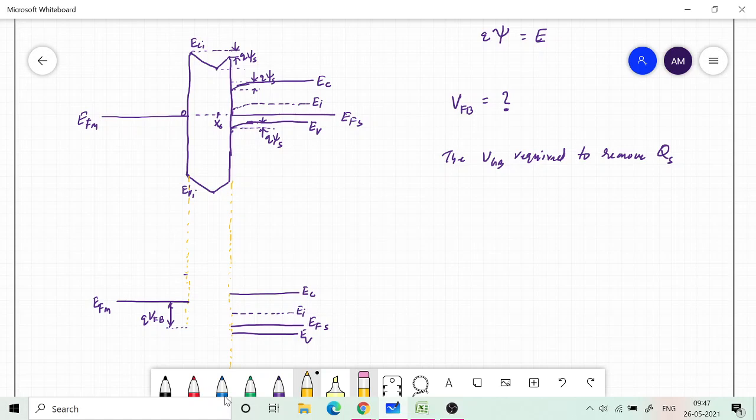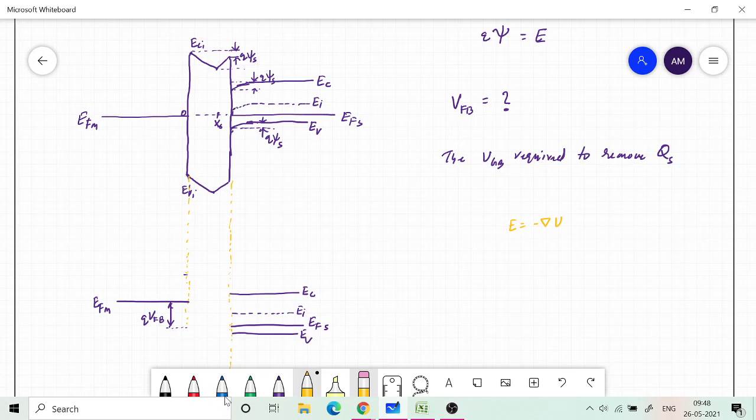If electric field is 0, voltage is constant, right? Because the derivative of a constant is 0. E is basically minus del V. So if V is a constant, electric field is 0. We want to create a situation where E is equal to 0. That means your voltage has to be constant.